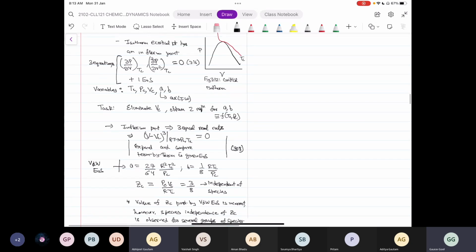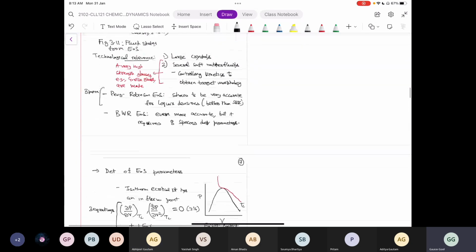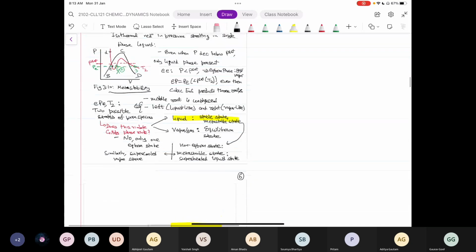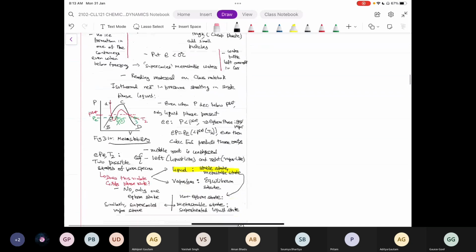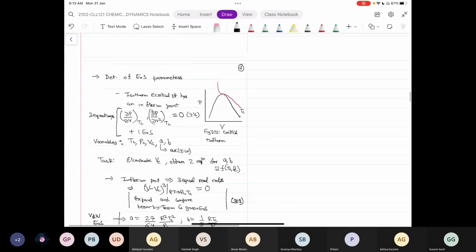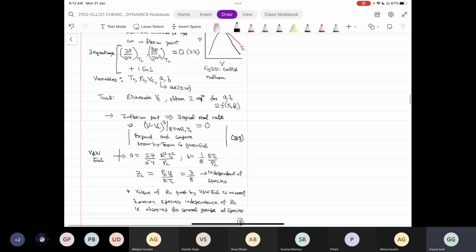So you already have, okay, so have I written the equation of state here somewhere? Anyways, let's assume you will go back and take a look at the equation of state.